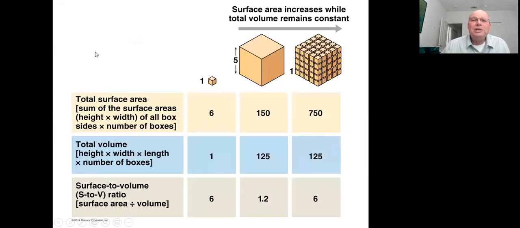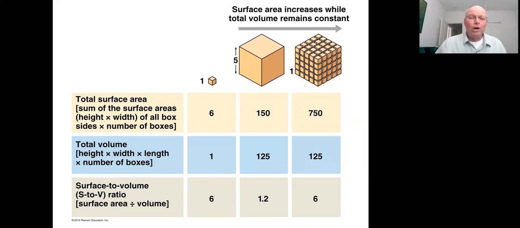So what is the big deal about subdividing the inside of a eukaryotic cell into compartments? What's the advantage of doing this? Well, we see the advantage by considering the cell not as an irregular shape, or maybe even a circular or spherical shape, but considering it as a cube.